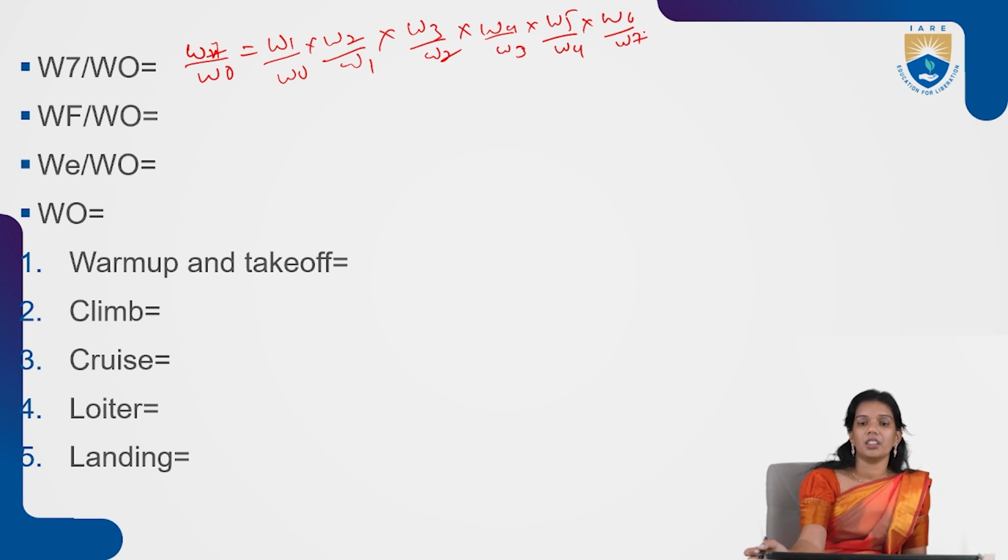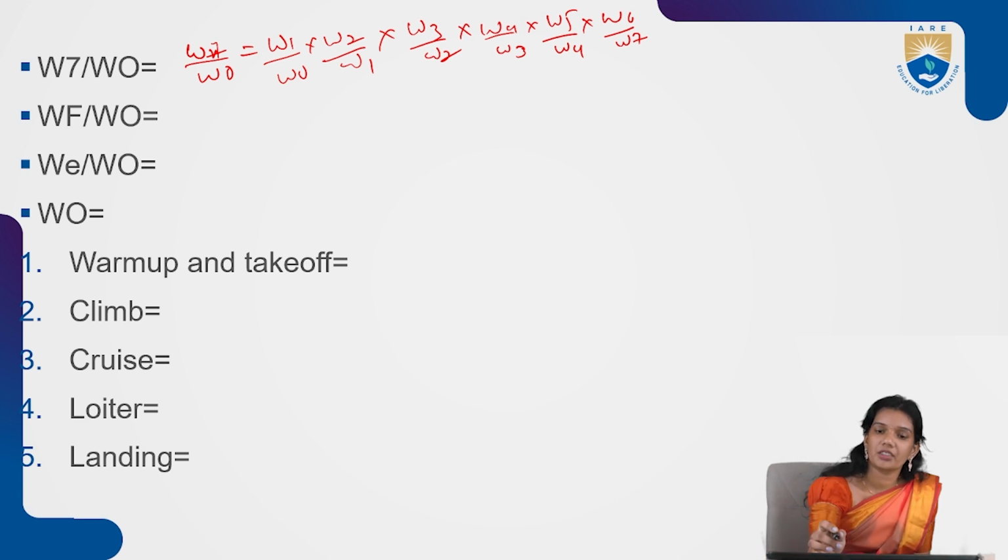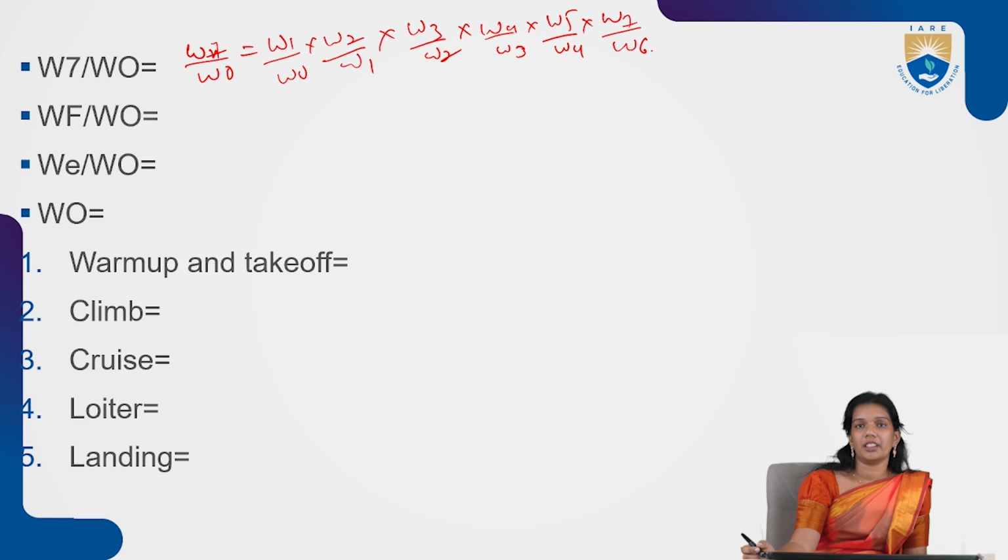That should give me W7 by W0, covering all the segments.